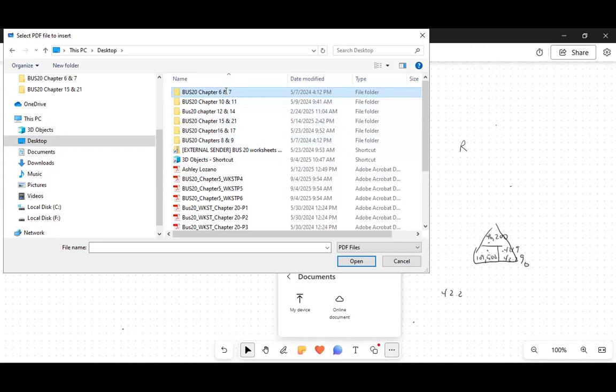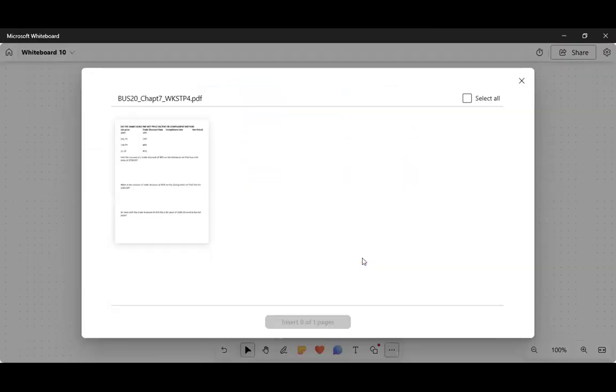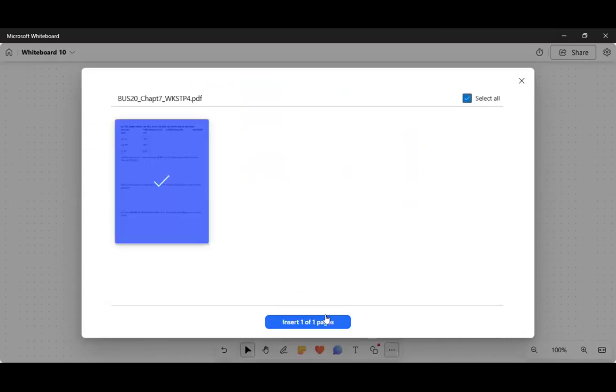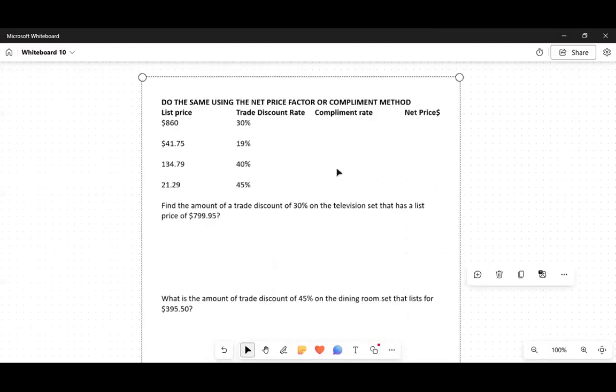Page 4, I believe. All right, page 4, and this one starts with now finding the complement rate and then the net price.